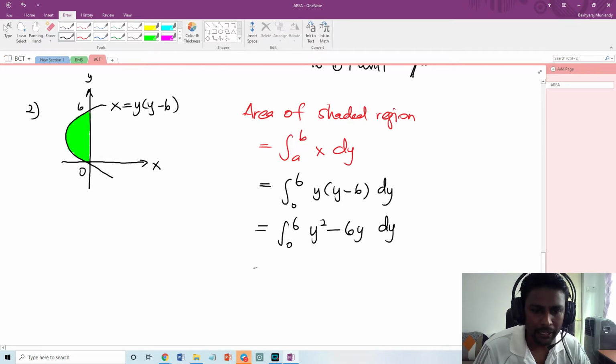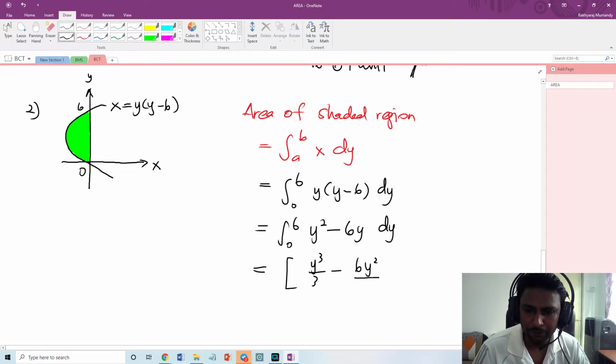Then we integrate this, so the integration will be equal to y cubed over 3, correct, minus 6 times y power of 2 divided by 2, from 0 to 6.